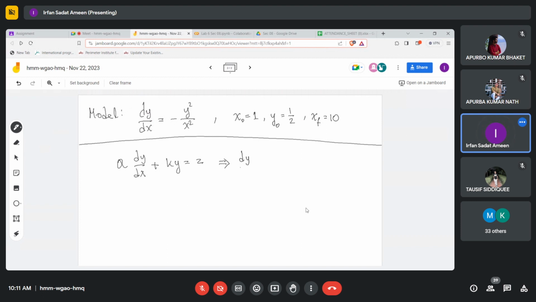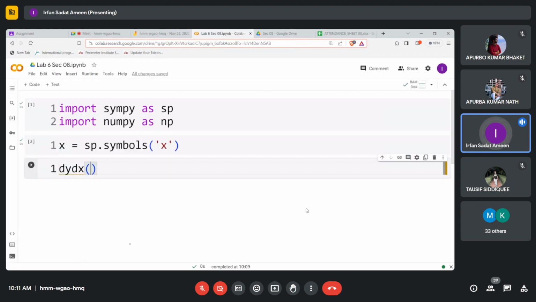Okay, so you rearrange this like this, you will have z minus ky divided by a. Now you have the same form. You have dy by dx on one side and a function of x and y on the other. Okay? So this is where you have to come, and then you can use whatever method in Python.